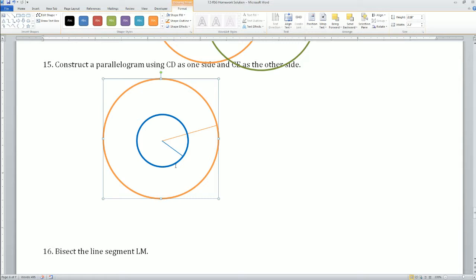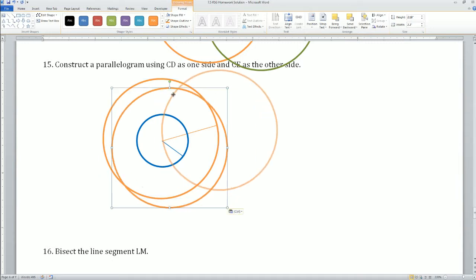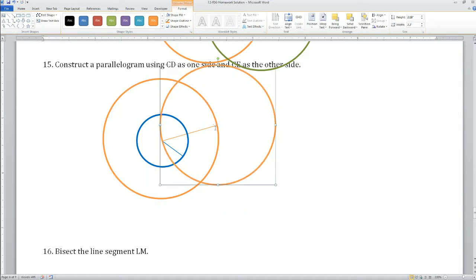Perfect. Good. Alright, now all we have to do is extend this to the other side. Boom. From the other side, we can grab this circle.